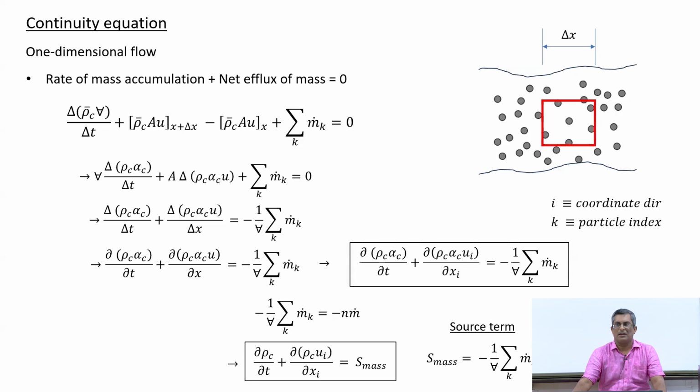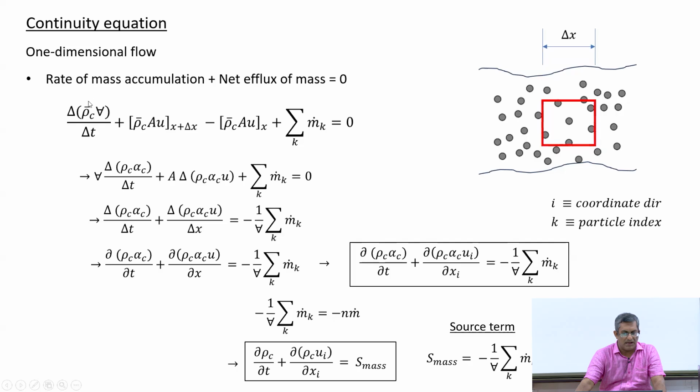So mass has to be conserved. So now if we write that in mathematical form, this is the mass of the carrier phase within this control volume, and its rate of change is given by this parameter.